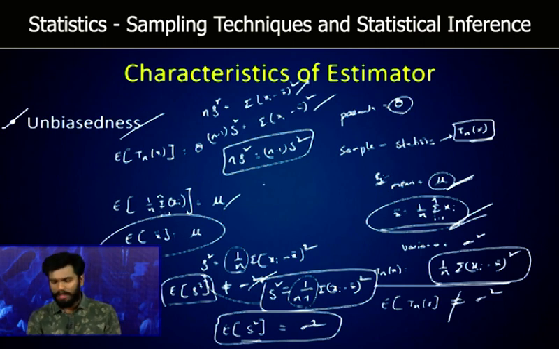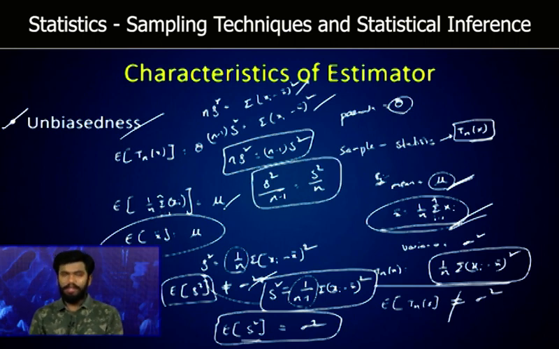And you can write it in this other form: small s square by n minus 1 is equal to capital S square by n. This is also you can write. So the relations you have to remember are the relation between small s and capital S, and expectation of capital S square is equal to sigma square, but expectation of small s square is not equal to sigma square. So the statement is very, very important.